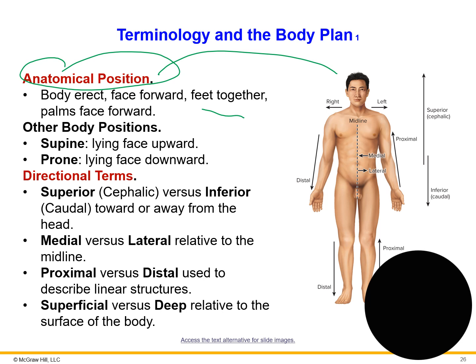So the body positions are supine position or prone position. Supine position is face upward. That means you're lying on the table or bed, looking at the roof. Prone position is lying face downward.